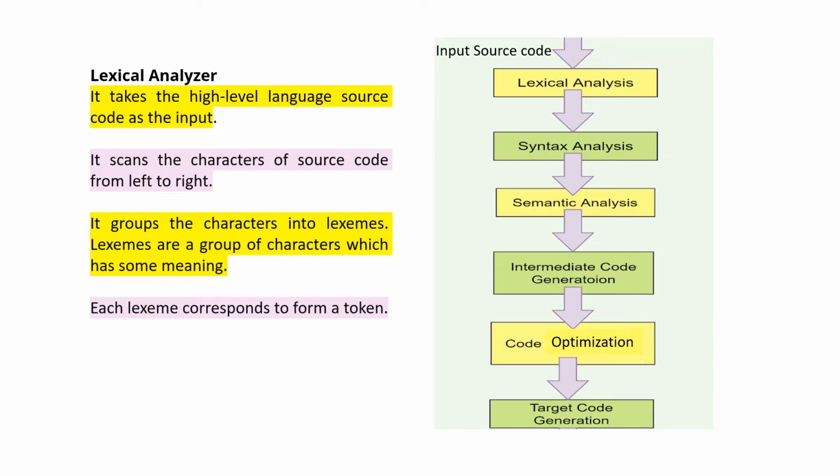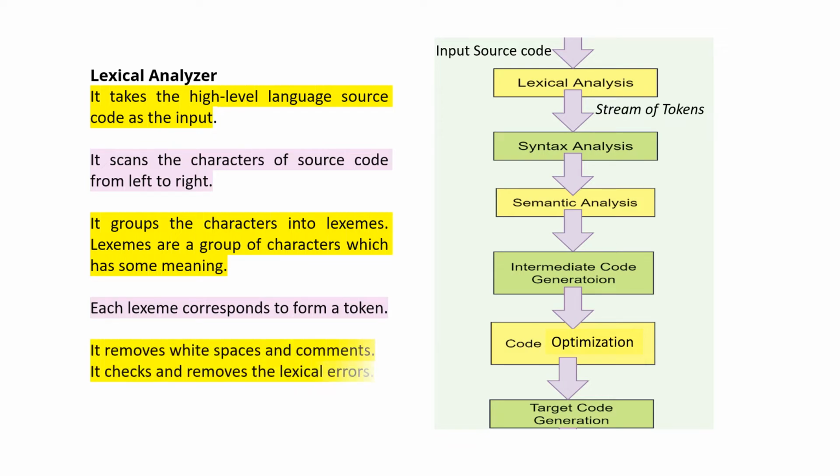So each lexeme corresponds to a token. The output of this lexical analysis gives a stream of tokens, and it also removes white spaces and comments, checks, and removes the lexical error from the input source code or input program.